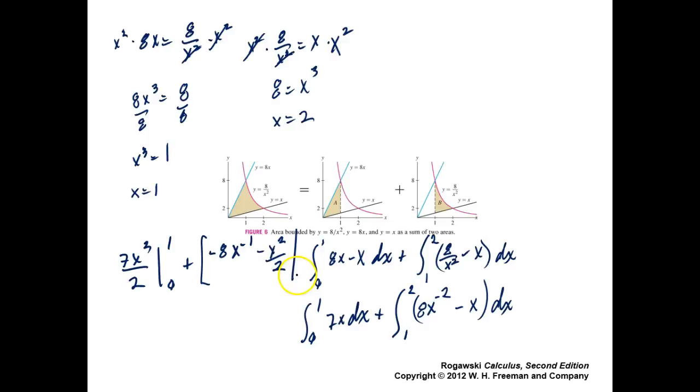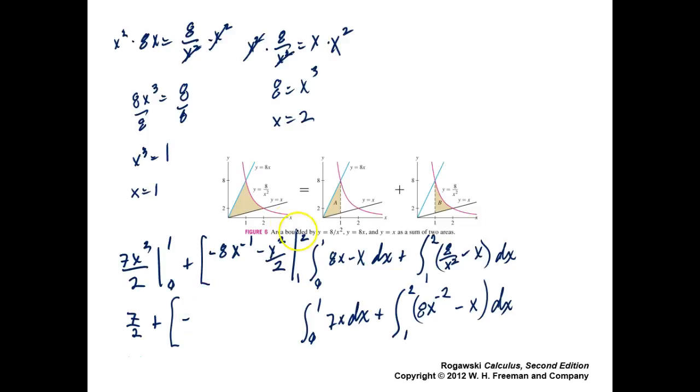Got it. That will be from 1 to 2. So plugging in that, what would you get? 7 over 2. Done. I did the bottom part with the 0. Okay, plus. Now, what would that be?